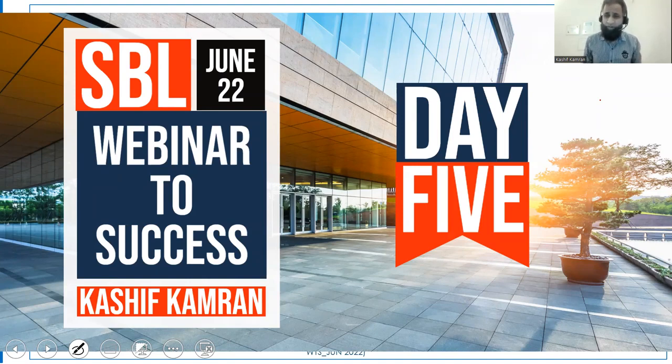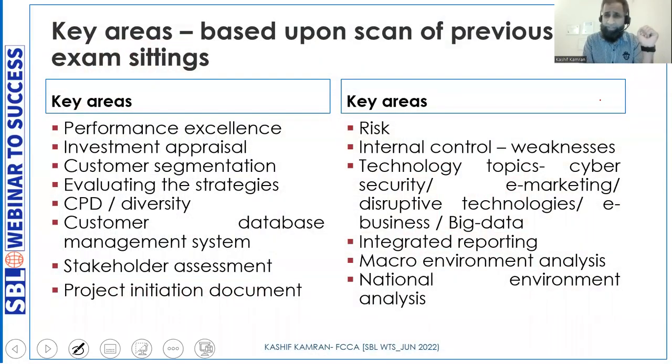So let's take a quick look at that list of not important topics, but more frequently examined topics in the SBL paper from September 18 to December 21. You can look at that list in front of you. This is based upon the scan of the previous exam sittings.